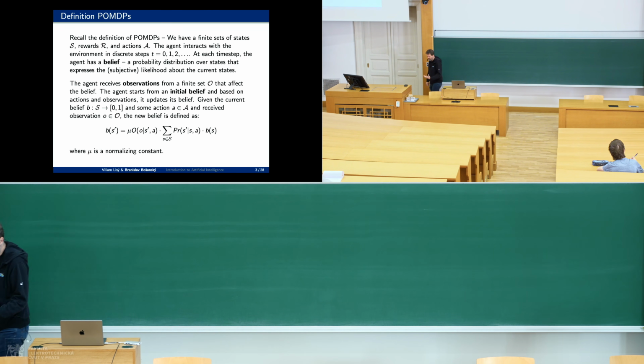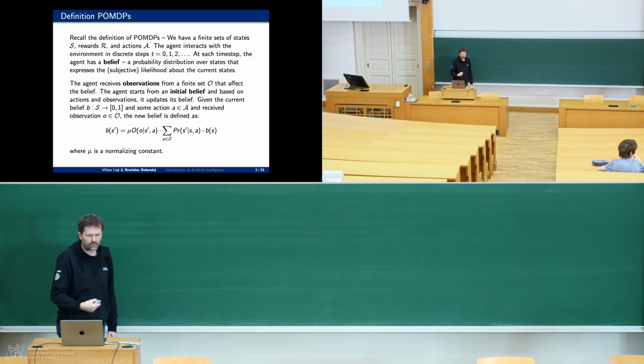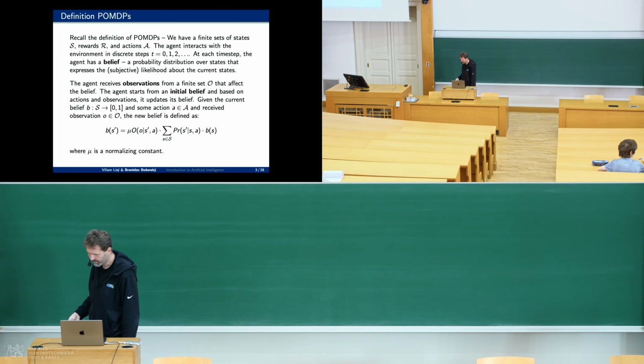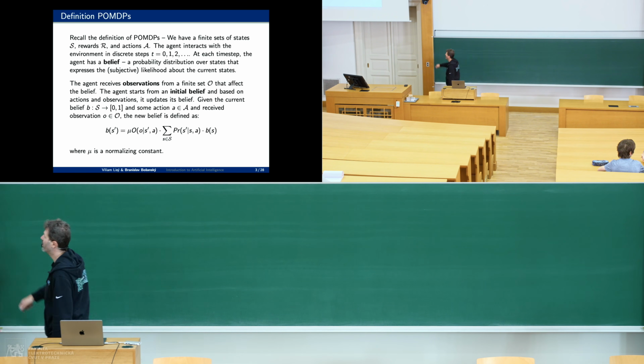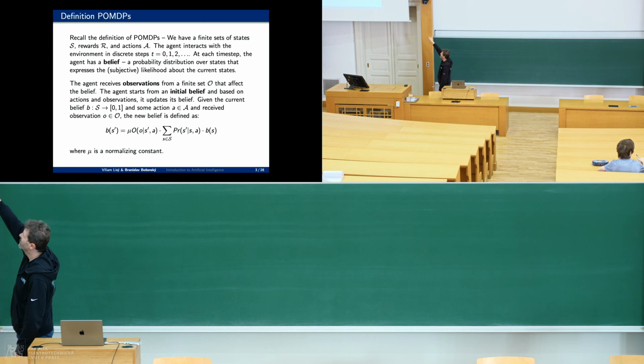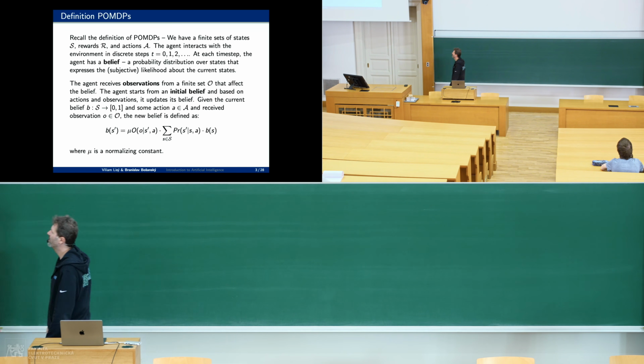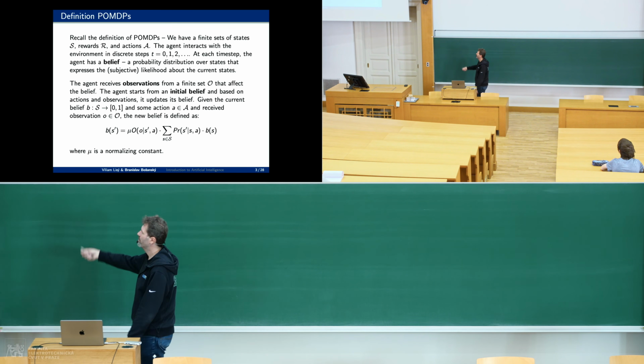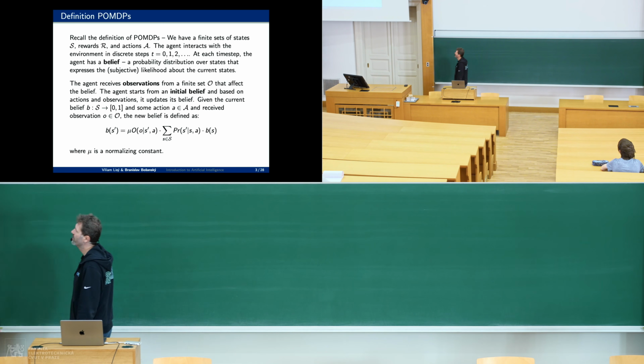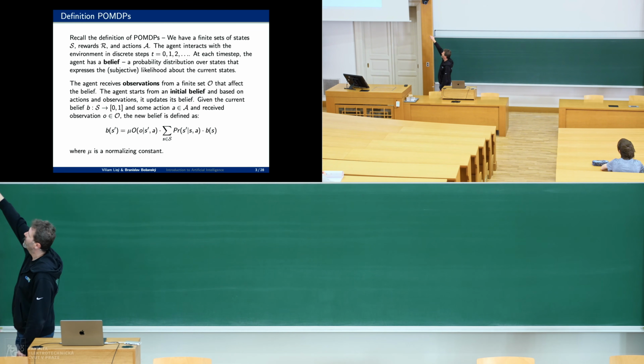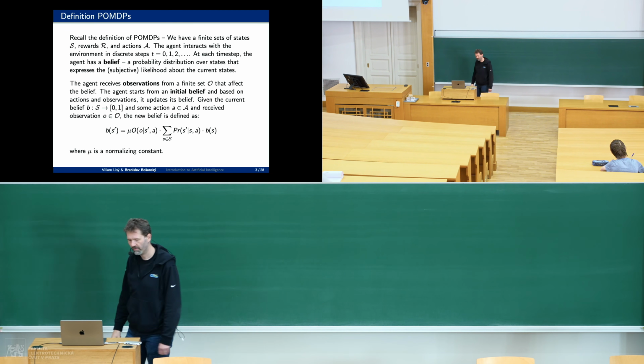And previously, we have discussed that we are able to exactly compute the new beliefs. So if we are in some prior belief B, then we can compute the new belief after performing action A and receiving observation O, and this is the formula for how we can compute it.